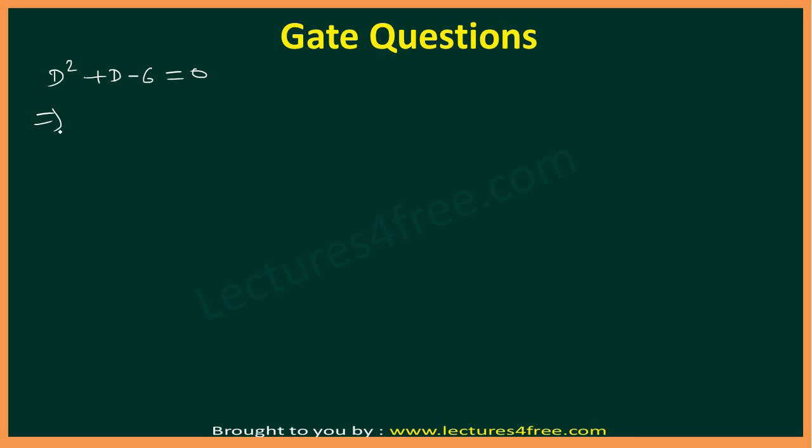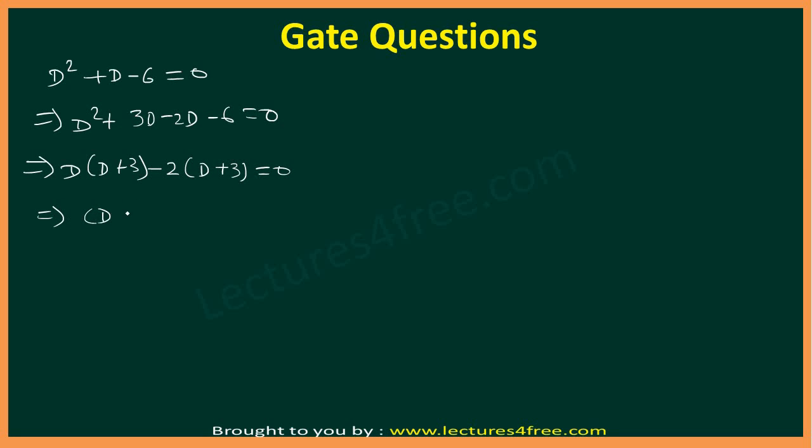You will get D square plus 3D minus 2D minus 6 is equal to 0. Taking D common from the first two terms and minus 2 from the last two, you will get D into D plus 3 minus 2 into D plus 3 is equal to 0. Solving it, you will get D plus 3 and D minus 2 is equal to 0. So the roots of this equation are minus 3 and plus 2.